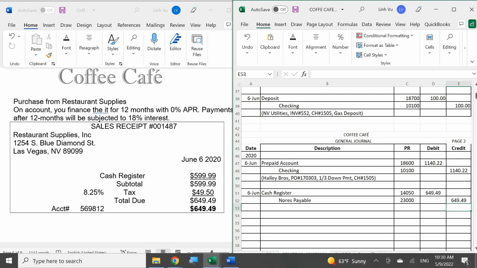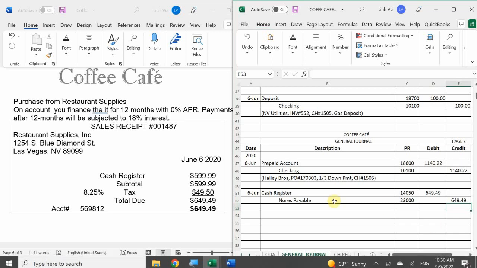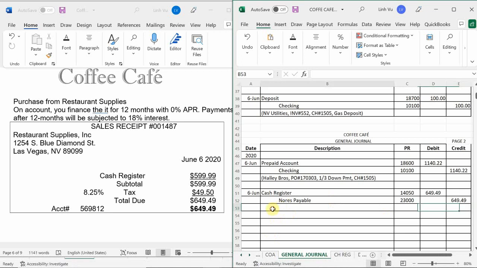Okay, and we paid on an account. So therefore, you have all the information you need, right? We purchased this from Restaurant Supplies. We have the receipt number, sales receipt number 001487.